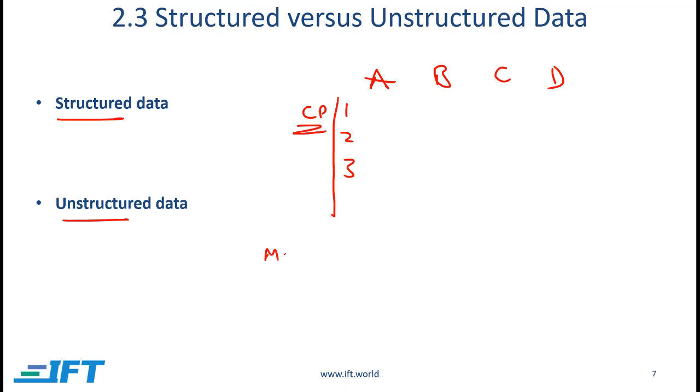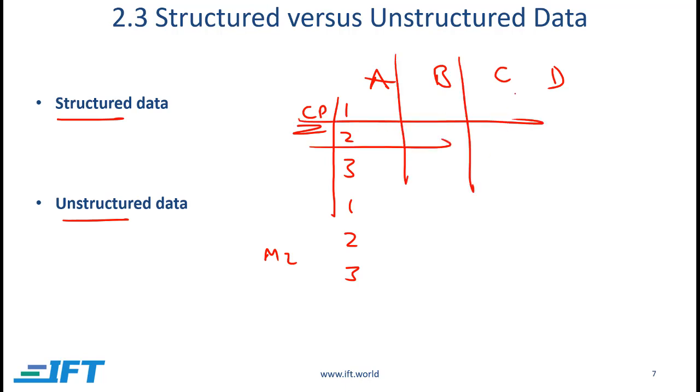And then with month 2, again, we will have day 1, day 2, day 3, and so forth, and so on. So notice here that structured data is usually stored in the form of rows and columns. So effectively, we have tabular data. This data will generally have a repeating pattern, and notice that it's very easy to put data into such a format and to pull data or query data from such a format.